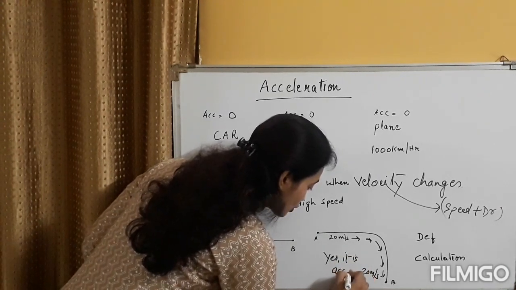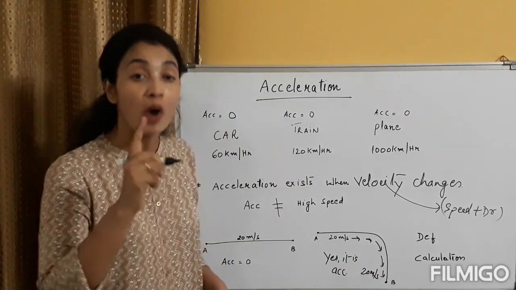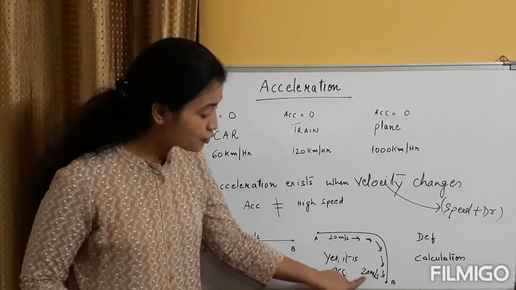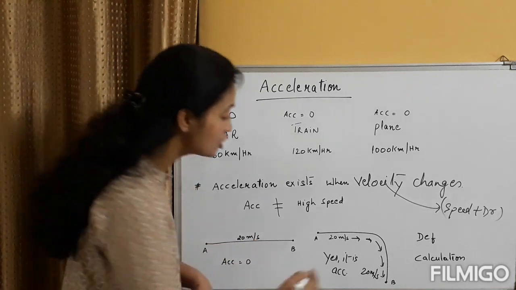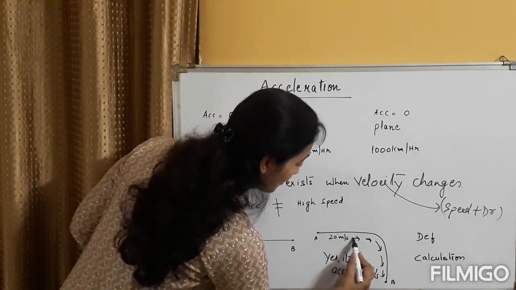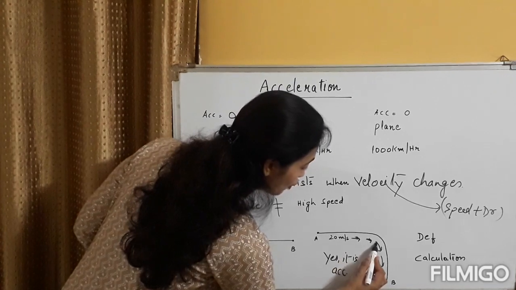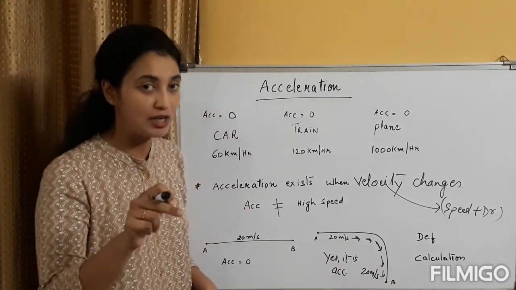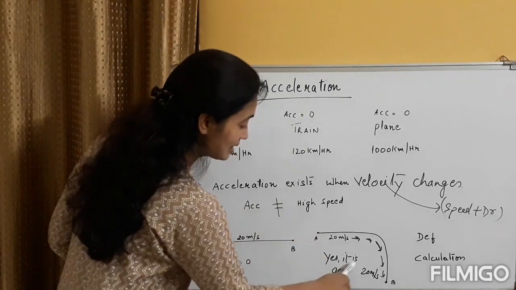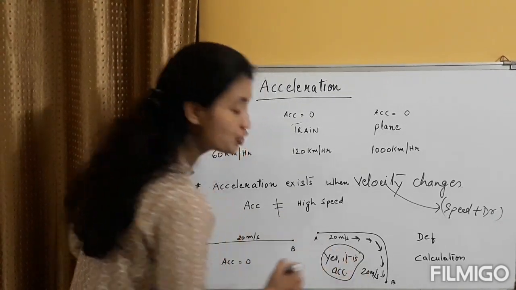This is the case of acceleration. Why? Even though the magnitude of speed is 20 meters per second constant, what is changing here is very evident from the picture, that the direction of arrows are indicating that the direction of motion is changing. Therefore, you say it is accelerating.